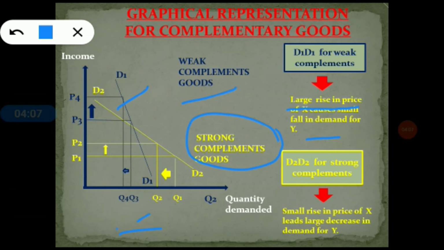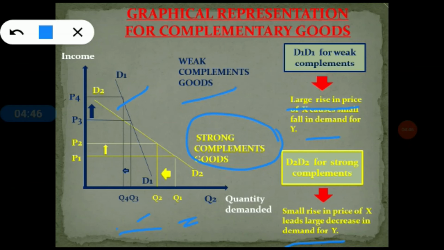So D2 is indicated by the yellow color demand curve, and it is the demand curve for the strong complement goods. And here we can see a small rise in price of X leads to a large change in quantity demanded for the Y product. So at P1 quantity demanded is Q1, and when the price level increases from P1 to P2, the quantity demanded for the strong complement goods will decrease from Q1 to Q2.